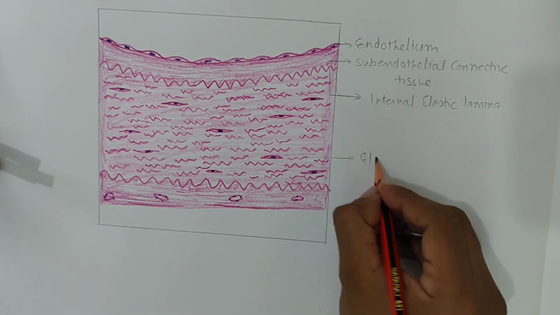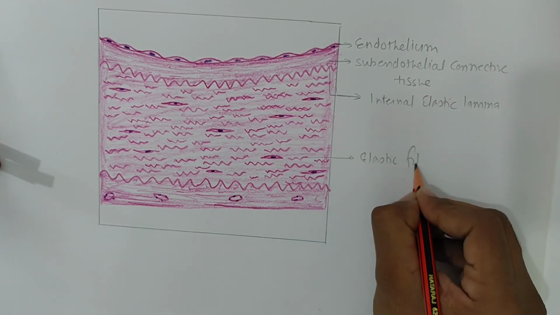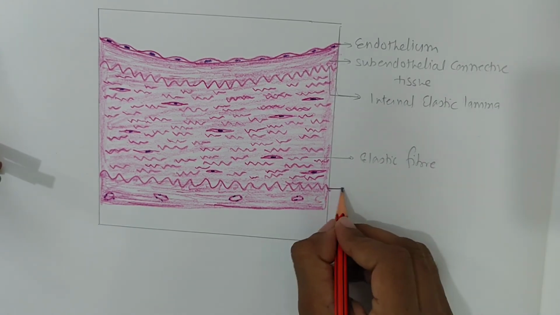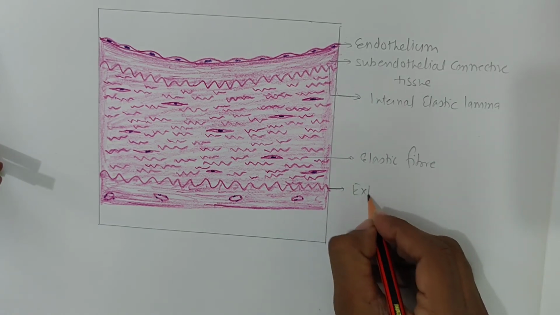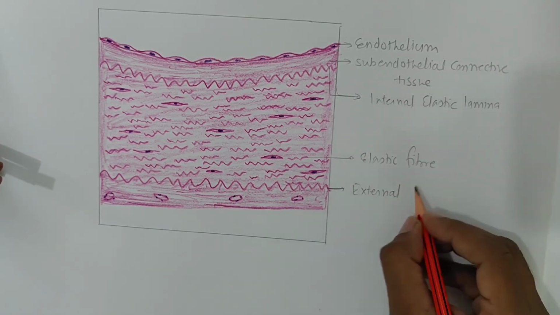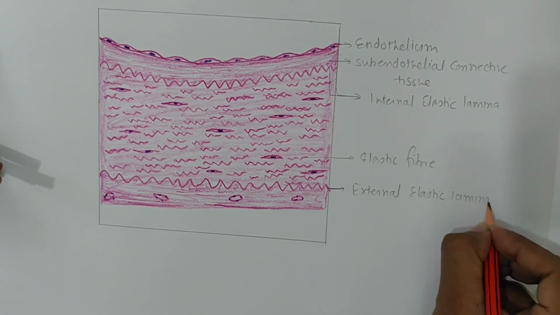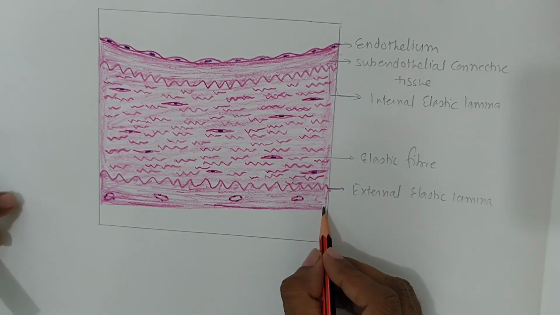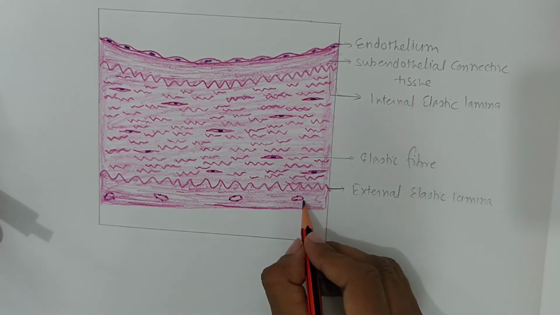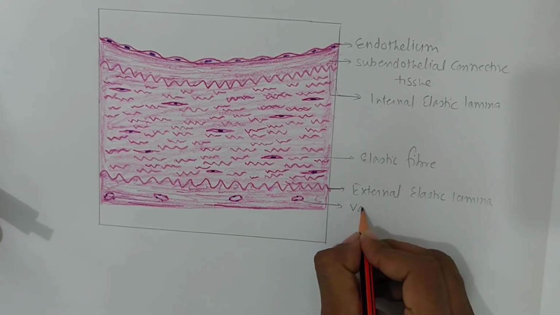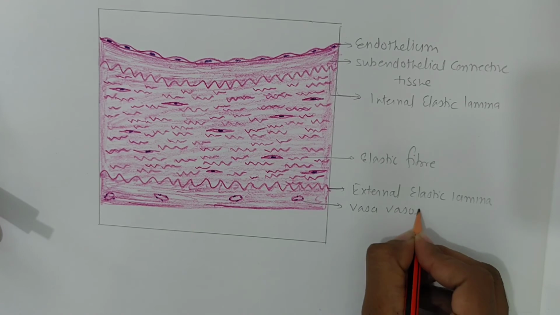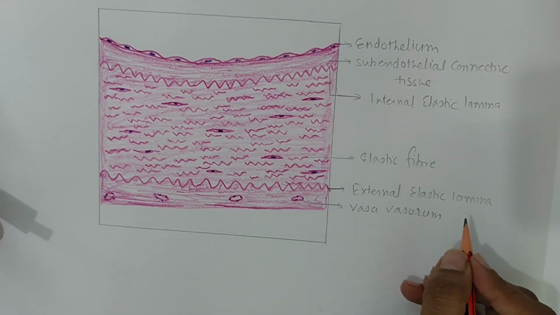Here are the numerous elastic fibers. And what is this? This is the external elastic lamina. And this is called vasa vasorum.